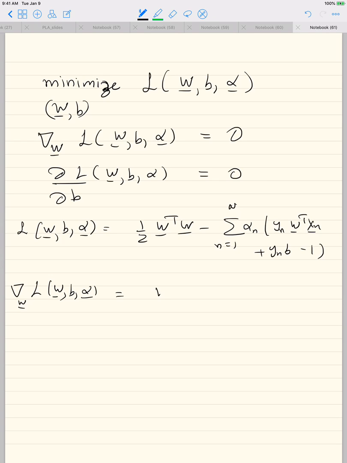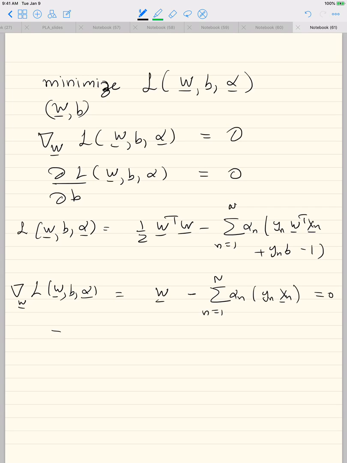It's the gradient of the first term, which is W, minus the gradient of the second term, which is easy to compute. It's just alpha n yn xn, and this we want to set to 0.